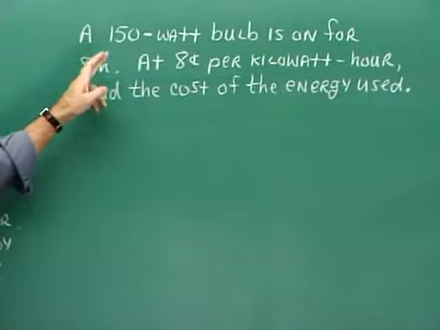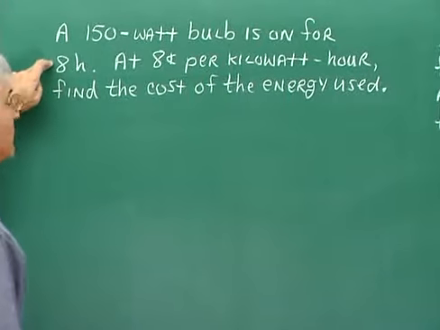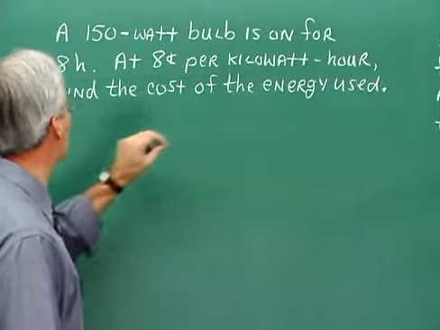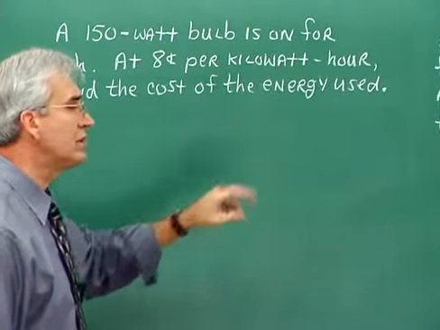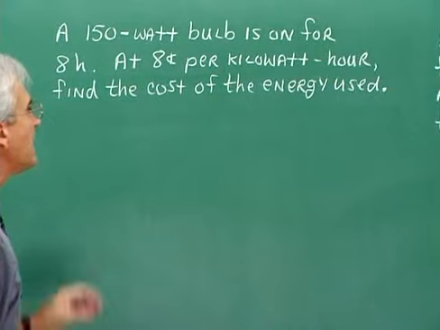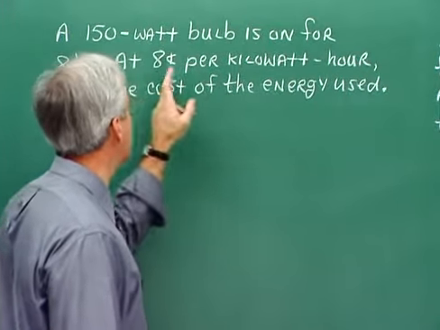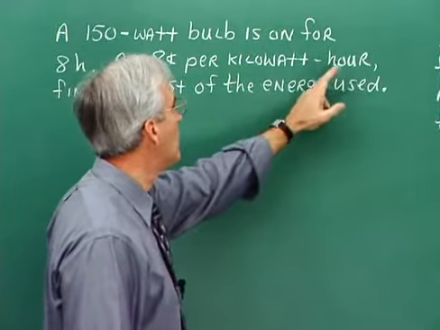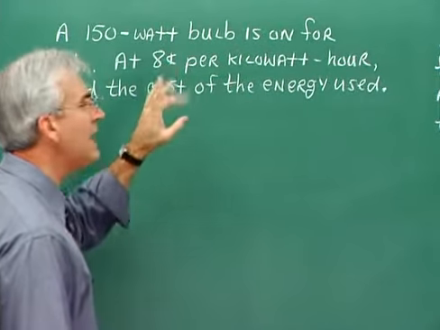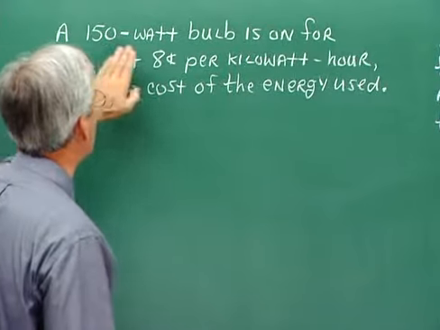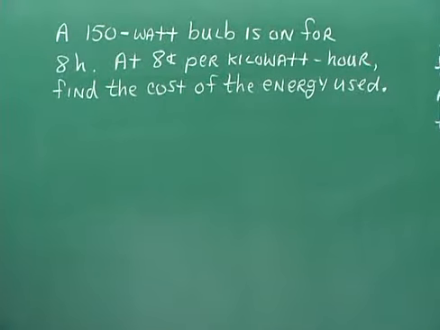A 150-watt bulb is on for 8 hours. At 8 cents per kilowatt hour, find the cost of the energy used. All right, the cost of the energy is 8 cents per kilowatt hour. So we need to know how many kilowatt hours we have in burning this 150-watt bulb for 8 hours.